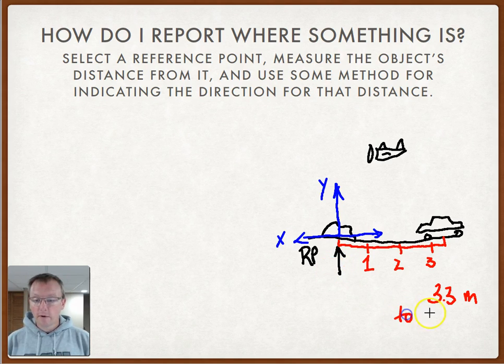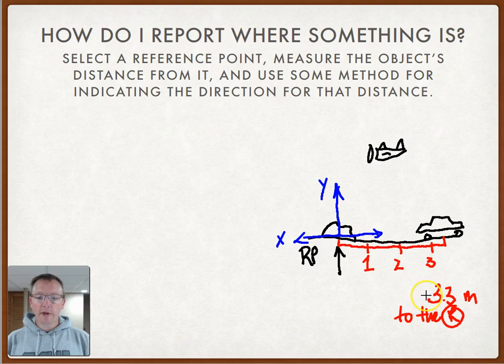To the right. I usually circle my directions so you know that there are actually directions there. So 3.3 meters to the right. I estimated that last digit there, so obviously you'd be much more precise in your measurements than I'm doing with this simple drawing here.